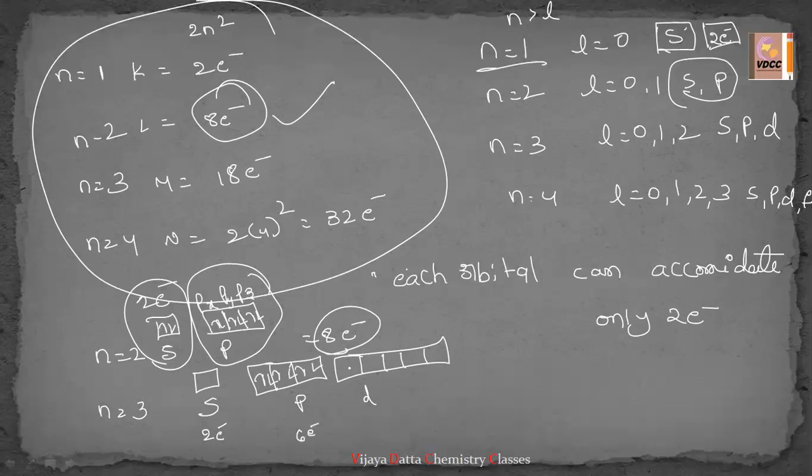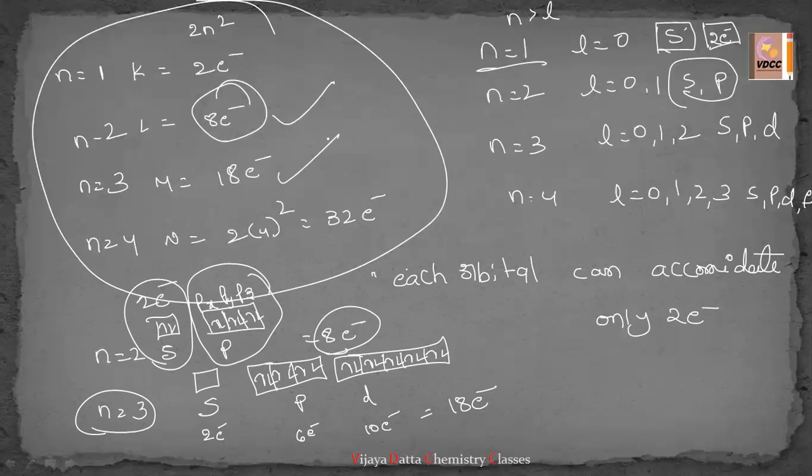Whereas d has 5 orbitals, and each can accommodate 2 electrons, so d can accommodate 10 electrons. So the total number of electrons in the third shell is 10 plus 6 plus 2, so 18 electrons. That is the information given by n equals 3.